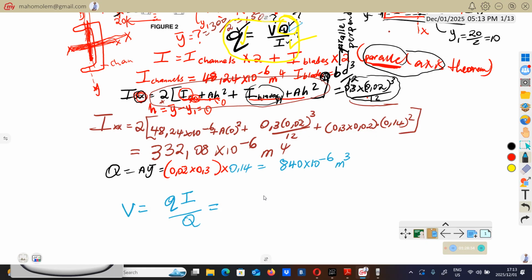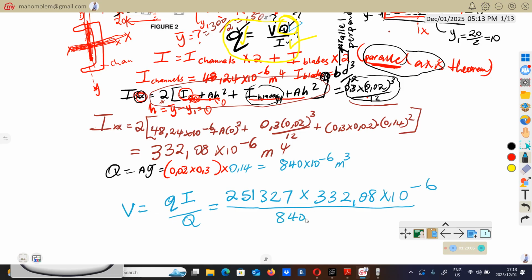So from this, Q from the top we set is 251, times I, divided by this Q, which is 840.